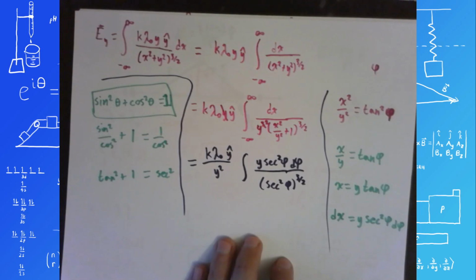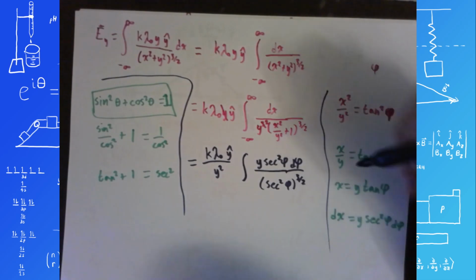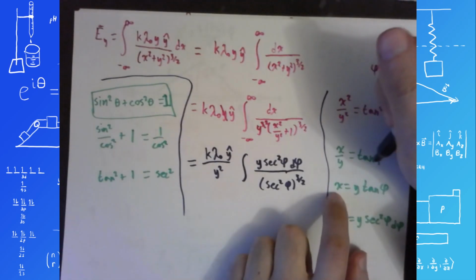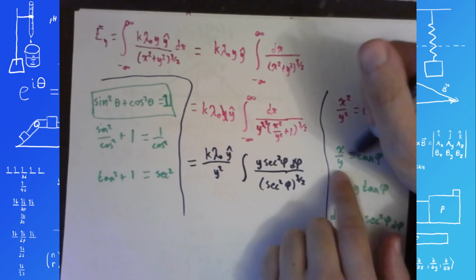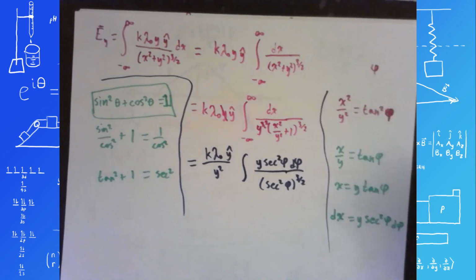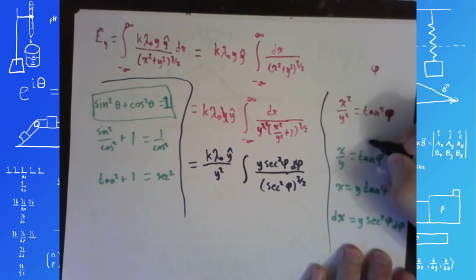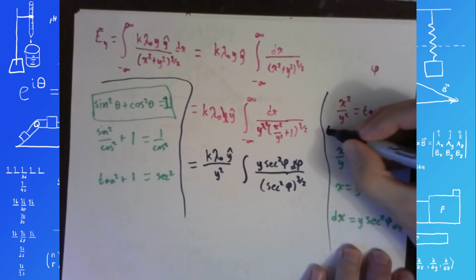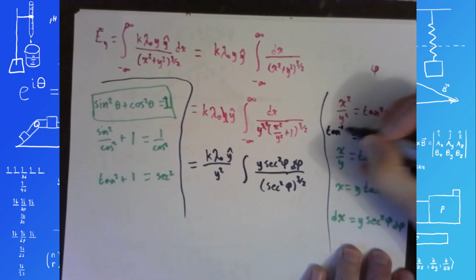And let's see, how am I defining my variables here? So phi is inverse tan of x over y, right? Phi is inverse tan of x over y.